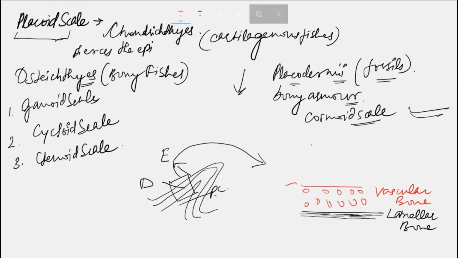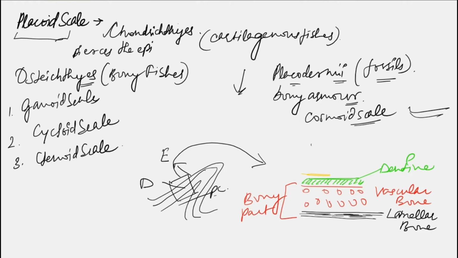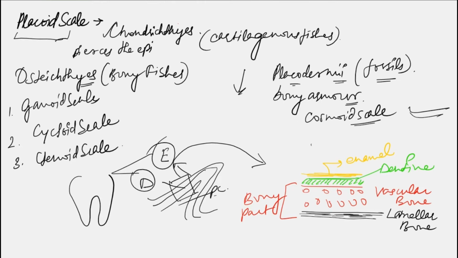These two layers make the bony part of the scale. Now you have the dentine part here, and in the outermost you have enamel. Dentine and enamel are terms basically used for the chemical composition of the tooth.